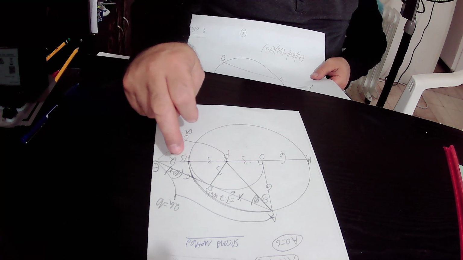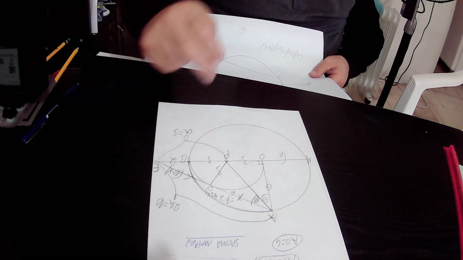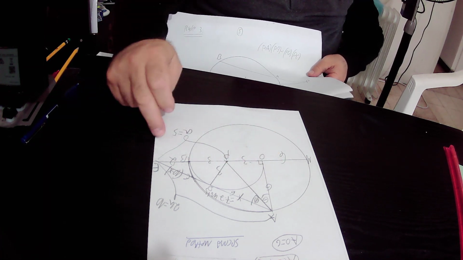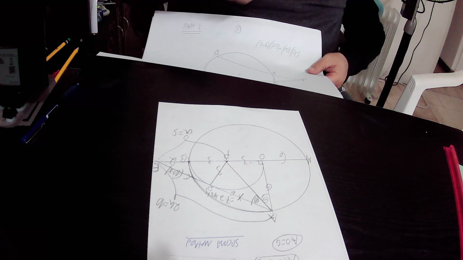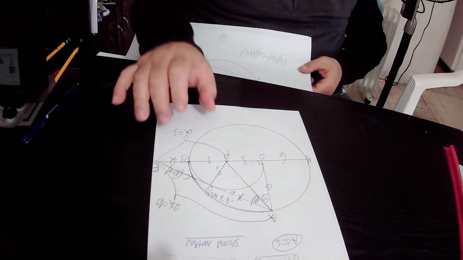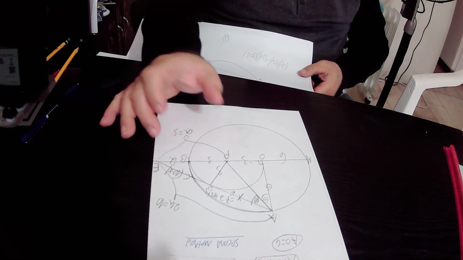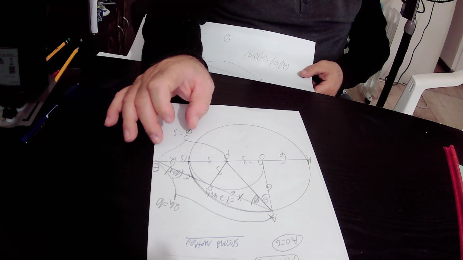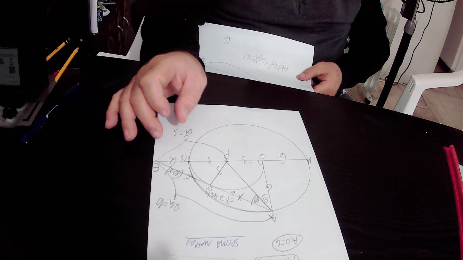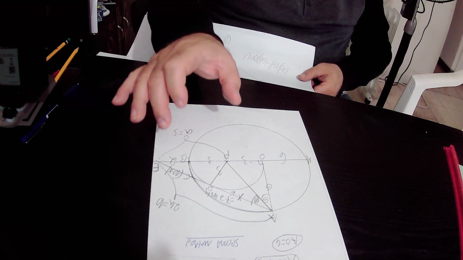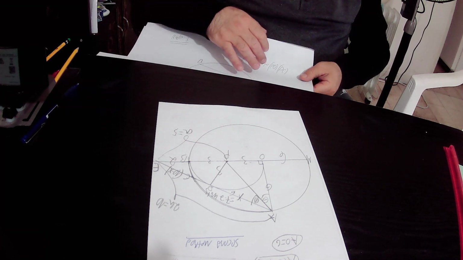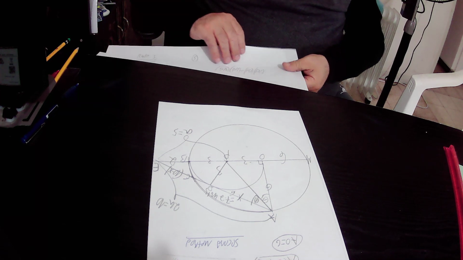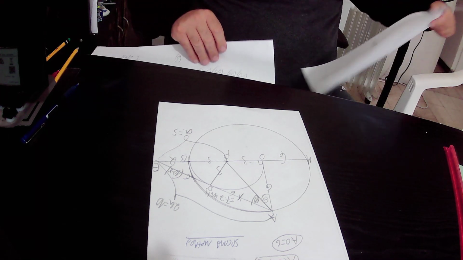2 times 5 is 10, so A equals 10, PE equals 5, and here we know that PE equals 5 and PB equals 3, so BE will be equal to PE minus PB.